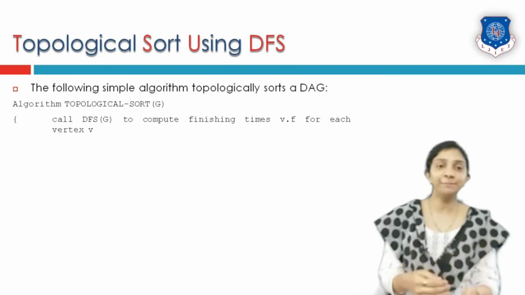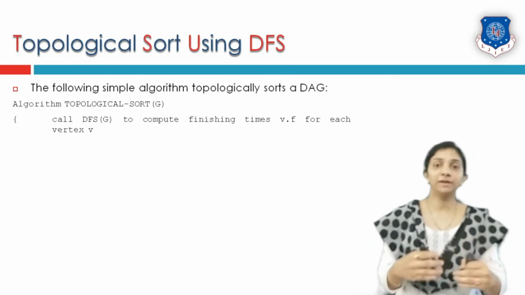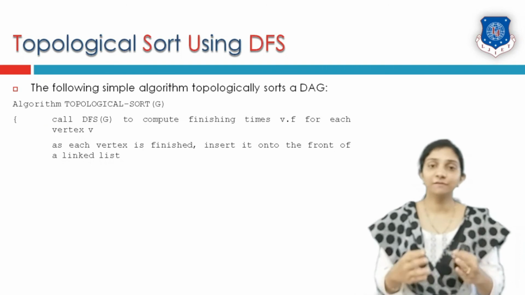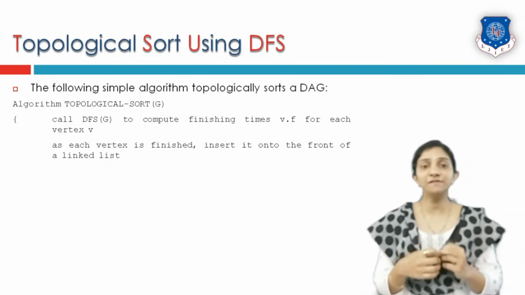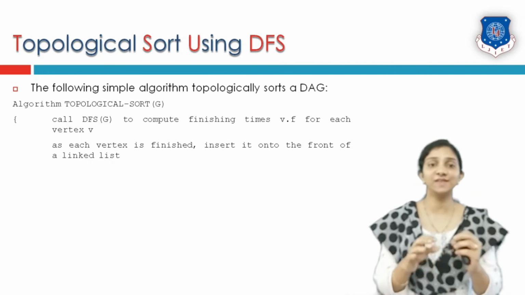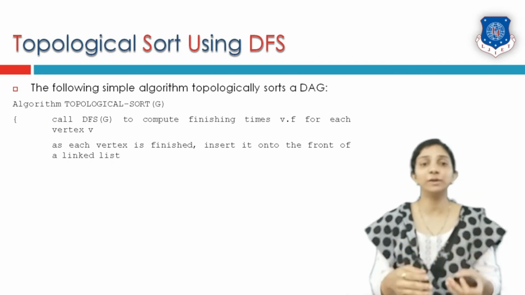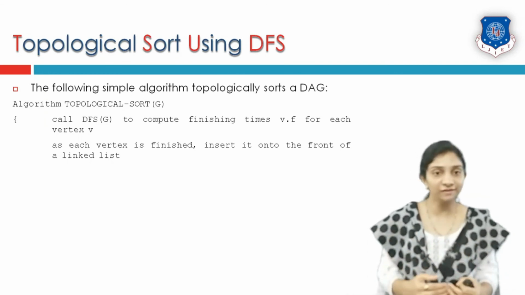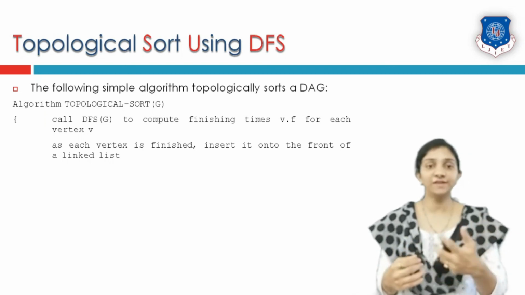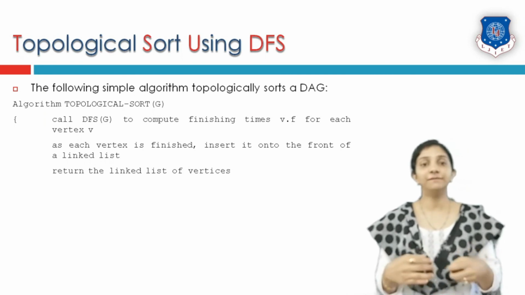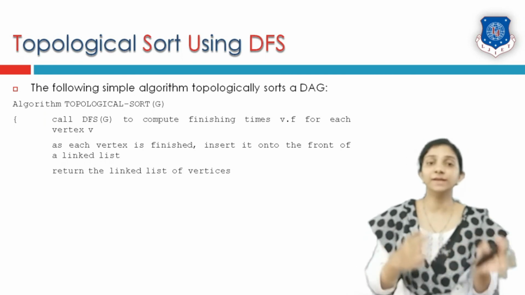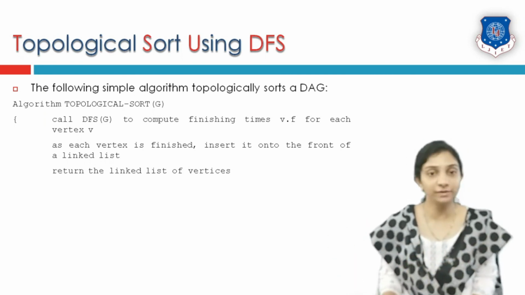So using the depth first search algorithm, it has to find the finishing time of each vertex. For each vertex that is finished, we insert it at the front of a linked list. So whichever vertex finishes latest will be the very first vertex, and we will create and return the linked list of vertices.